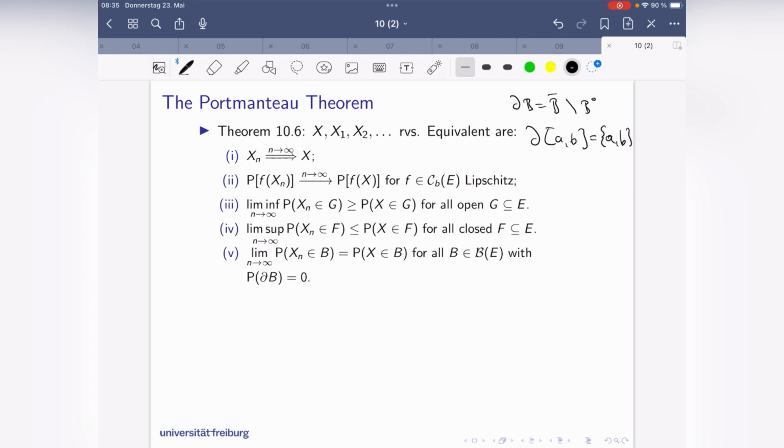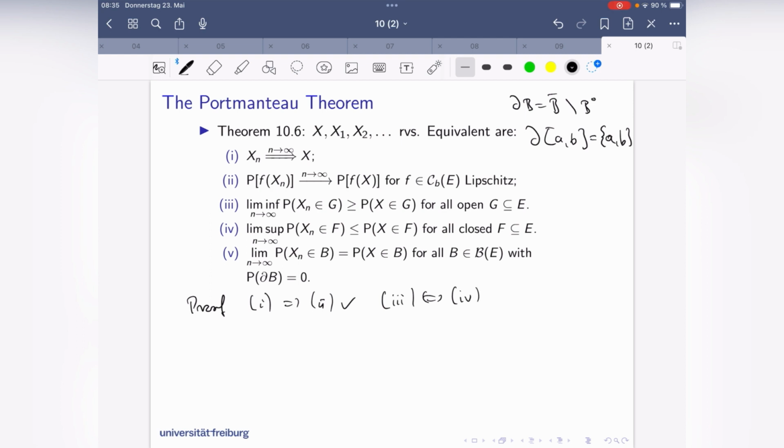Then let's try to prove this. So first of all, what's clear anyway? 1 implies 2 is clear anyway, because for 1 I have to check this equation for all bounded continuous functions, and for 2 I only have to check it for Lipschitz functions, so that's easier. And 3 and 4 are equivalent.